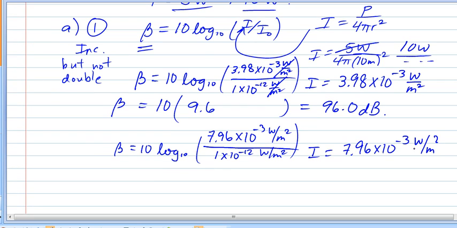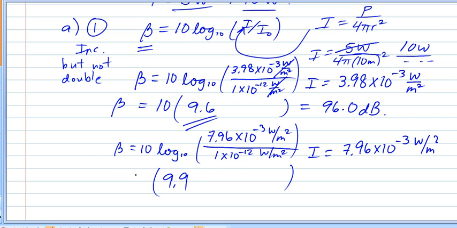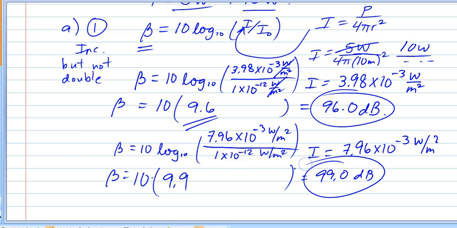And this time, for the entire log term, we don't get double 9.6. We get 9.9. So 10 times that turns out to be 99 decibels. So what this says is that having twice the amount of power, in other words, the source is pumping out twice as much energy, does not double the loudness that we perceive. It only increases it by 3.